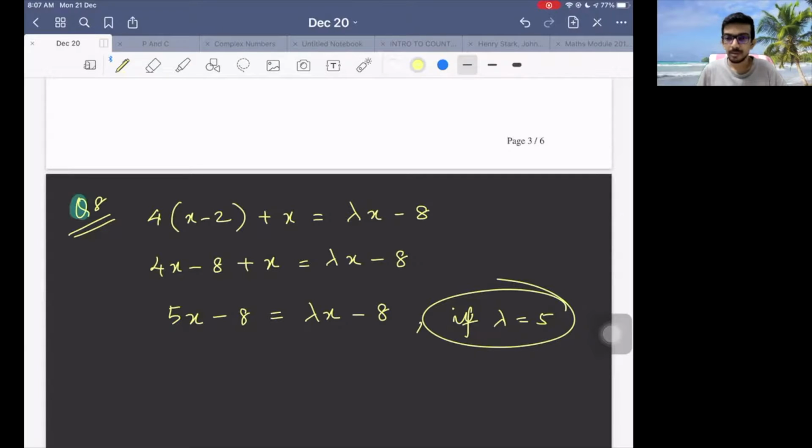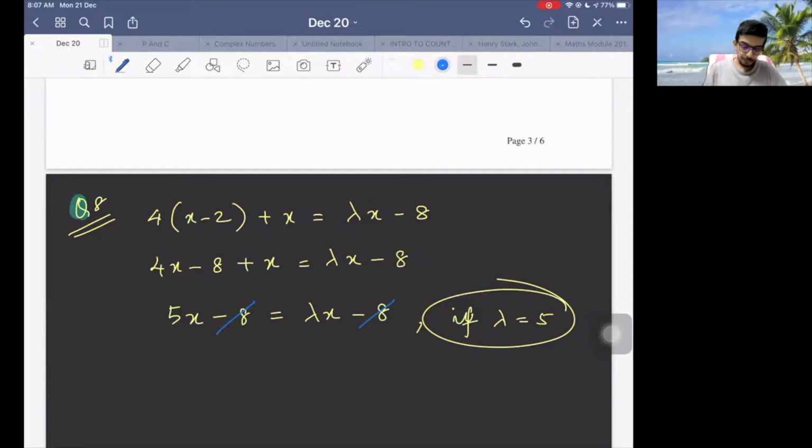Yeah, cool. So whenever lambda is not equal to 5, what happens? Lambda not equal to 5, this minus 8 and minus 8 can be cancelled off.